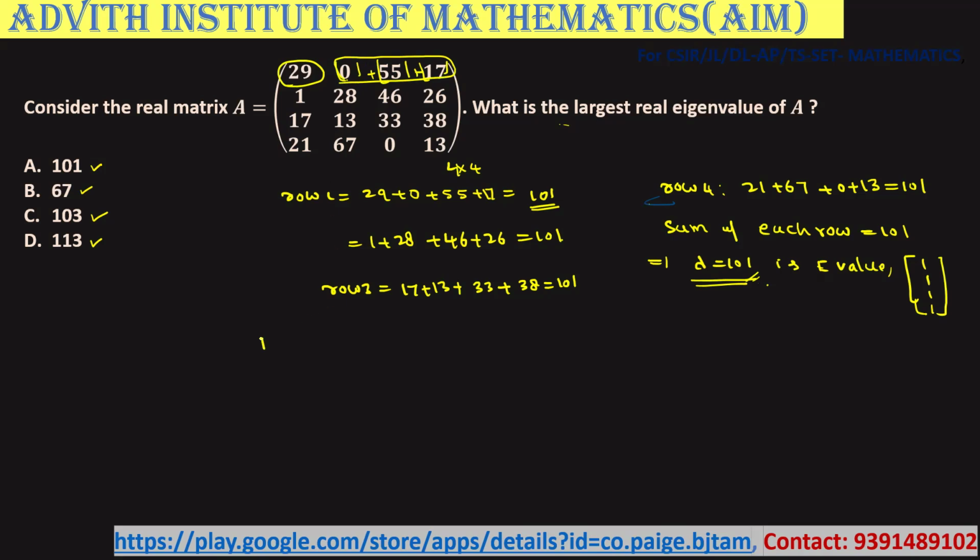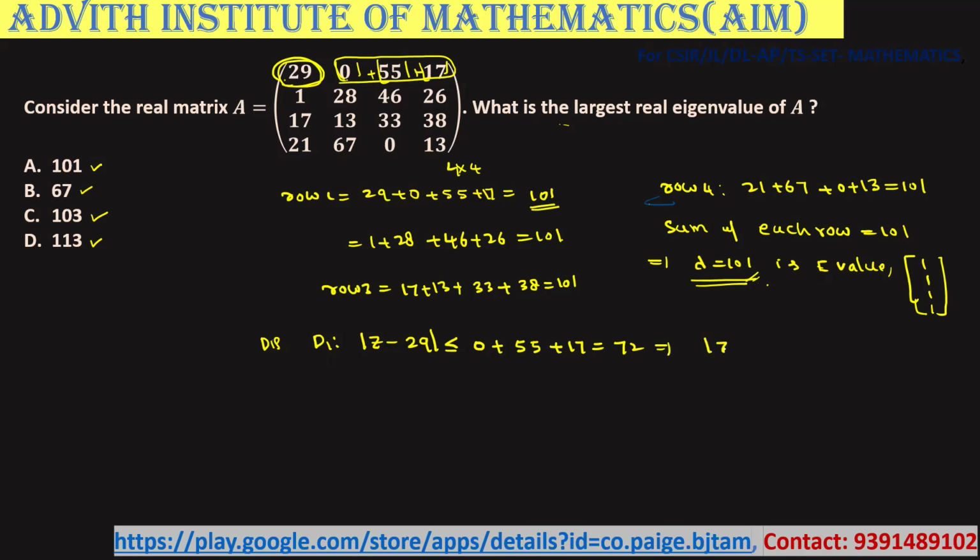So for disk 1, D1, that means row 1, centered at a11, the principal diagonal entry 29, with radius equal to the sum of the remaining entries: mod of 0 is 0, 55 is positive, so modulus of 55 is 55, plus mod of 17 is 17, which is 55 plus 17, that is 72.